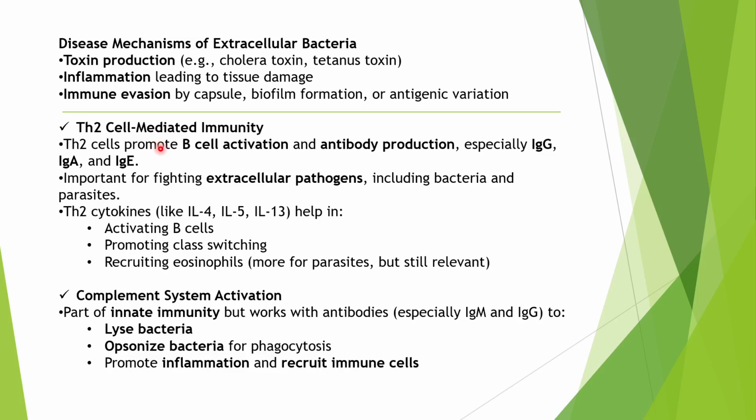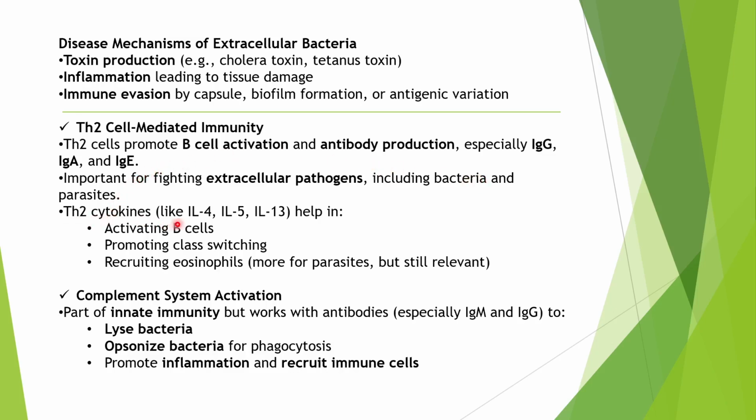Then, the main key players we were discussing for this are the response of Th2, cell mediated immunity, and complement system activation. Th2 cells promote B cell activation, as we discussed, and help in antibody production, especially IgG, IgA, and IgE. So it is important for fighting extracellular pathogens, including bacteria and other parasites as well.